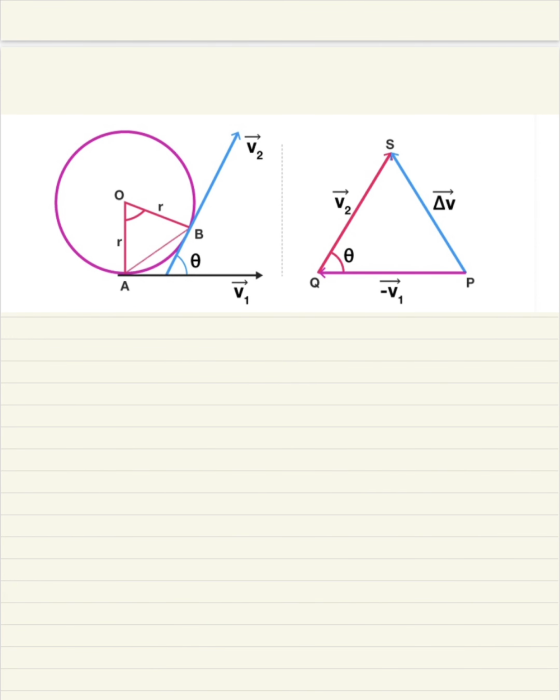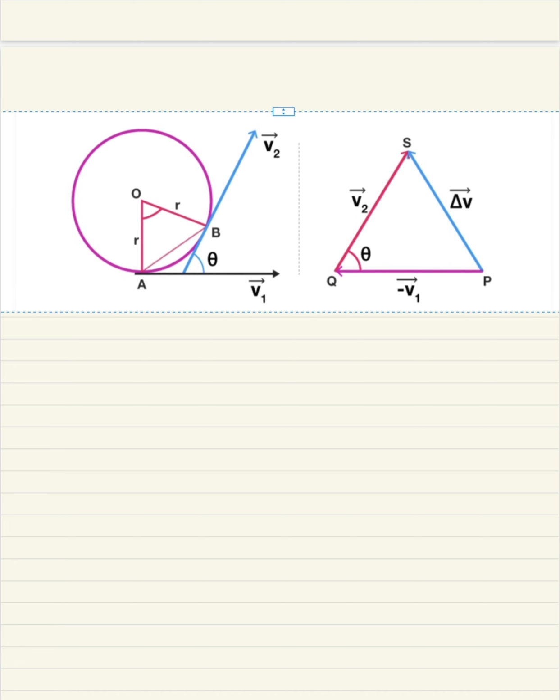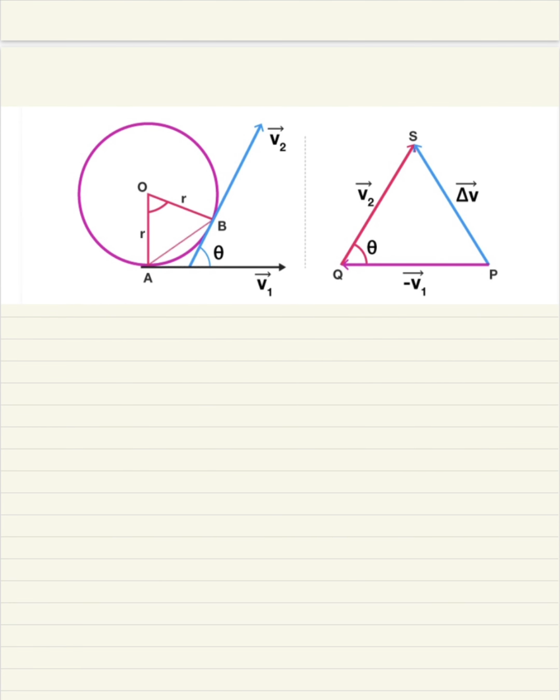And I just told you, don't forget that the centripetal force is towards the center. It is an inward force. It's towards the center of the circle, and it's always perpendicular to the velocity of that body. Don't forget that.